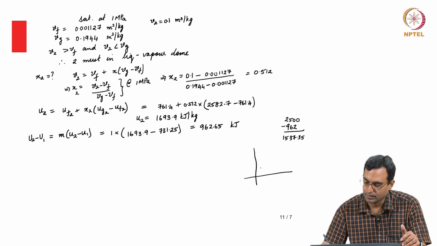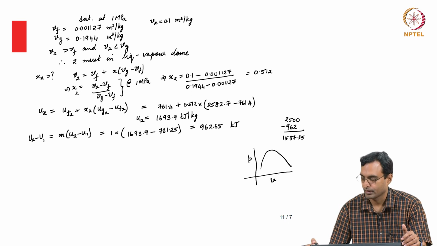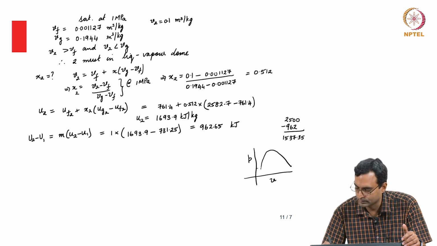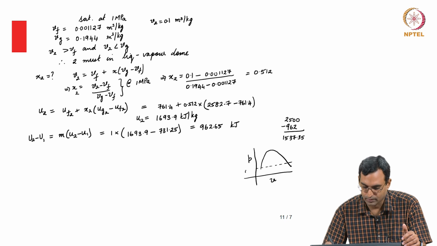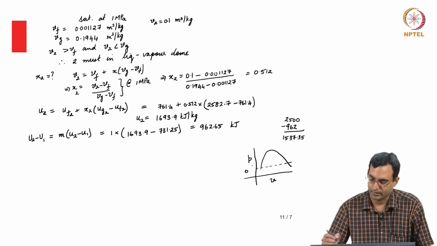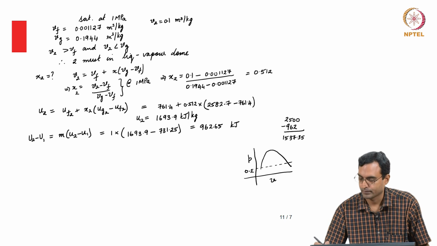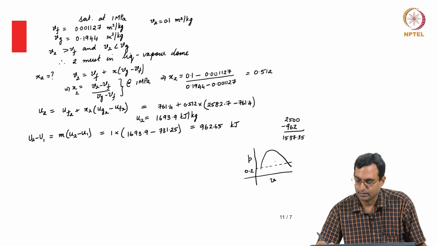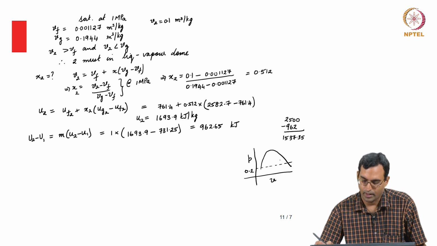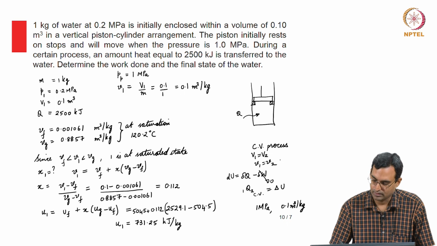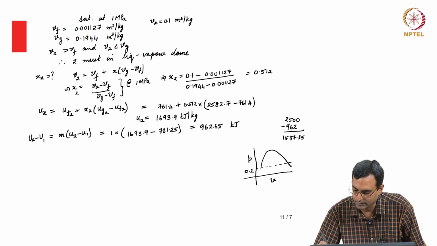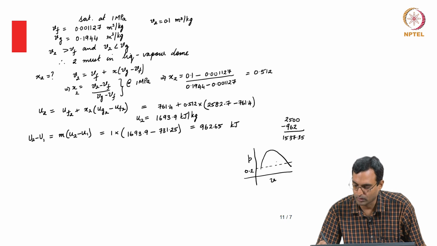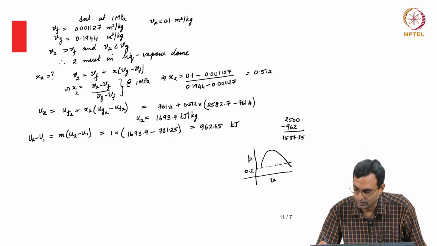So, initially we are in the dome region. So, initially we were at a pressure of, I think we were at 0.2 megapascal. So, by heating this, we reached a state where we are now at 1 megapascal. We went in a constant volume and constant specific volume process to 1 megapascal.